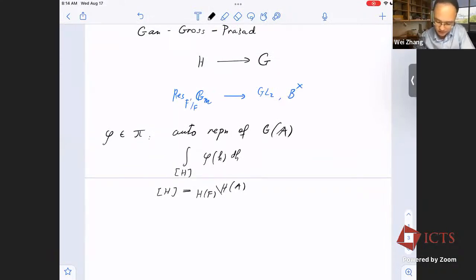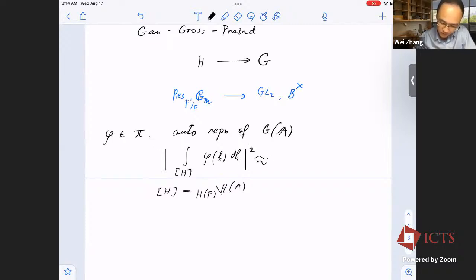This will have a factorization. More precisely, in all the examples I will consider today, it will really be the absolute value squared that matters.